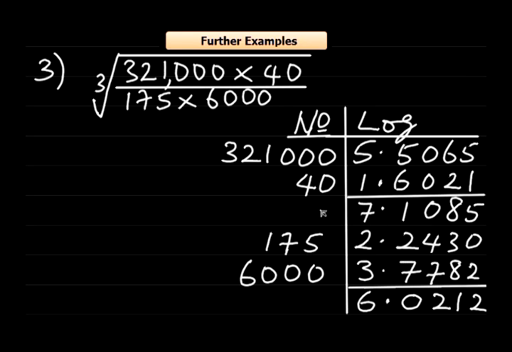So this will be our A. At the time we treated the denominator, 175 and 6,000, we got this as the answer. So let's call it B. We're now going to subtract B from A. That's where we're going next.